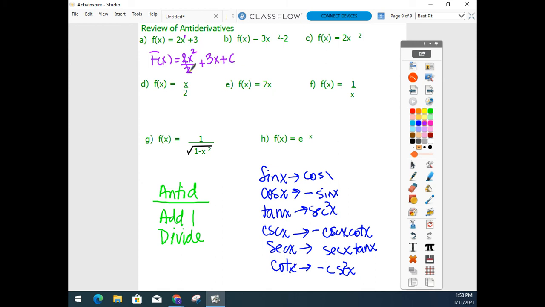Now this 2 just cancels, so it ends up being x squared plus 3x plus c. When you're doing antiderivatives, everything needs a plus c at the end because we need those constants. Because remember, if you take the derivative of the antiderivative, it gives you the original function. So you can double check all your antiderivatives by taking the derivative to see if you end up back where you started from. All right, letter B.